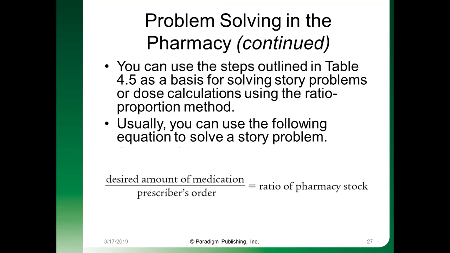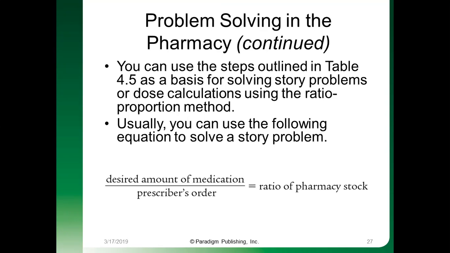Usually, you can use the following equation to solve a story problem. The desired amount of medication over the prescriber's order is equal to the ratio of pharmacy stock.